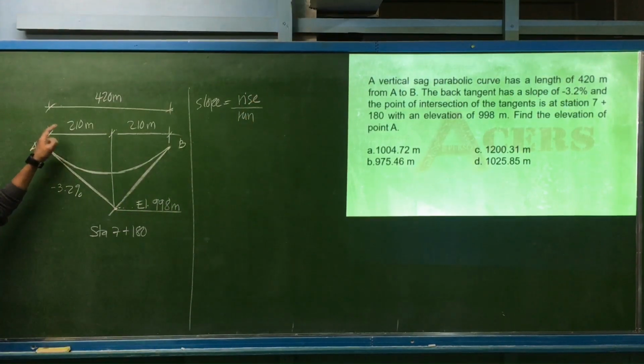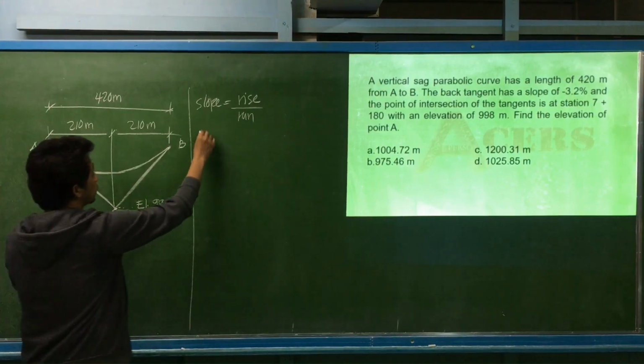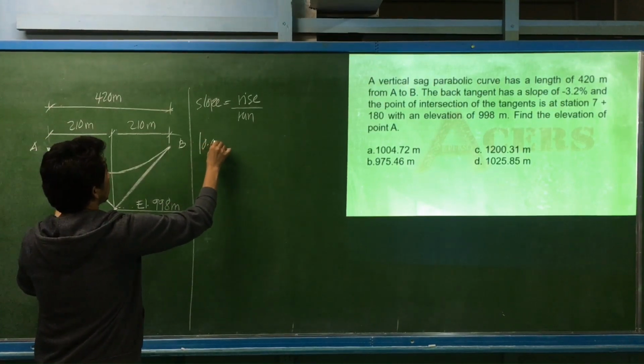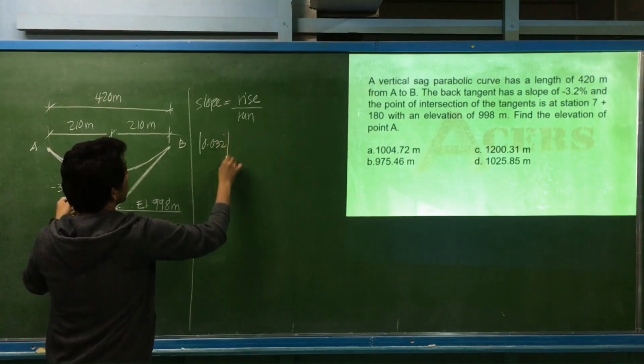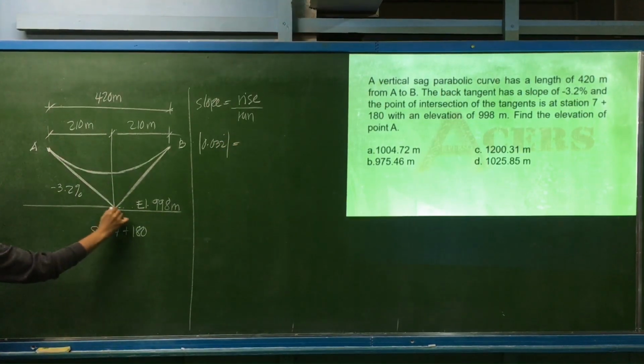So this is the slope. Negative 3.2 simply means downward to the right, so you can use its absolute value, 0.032, equal to the rise, which is the value we add.